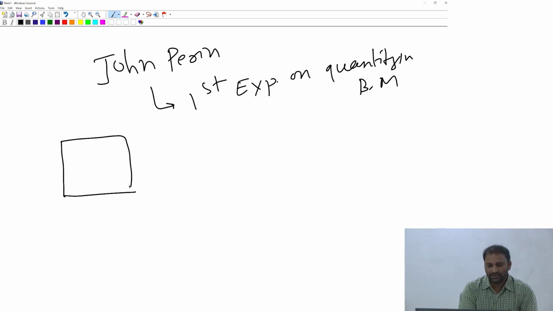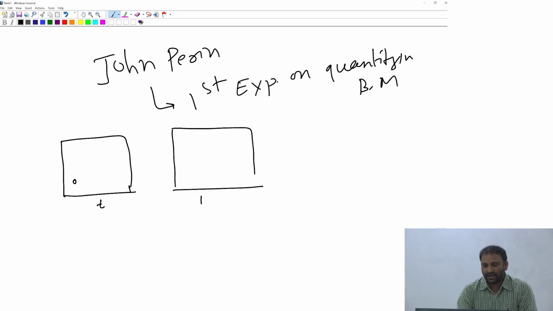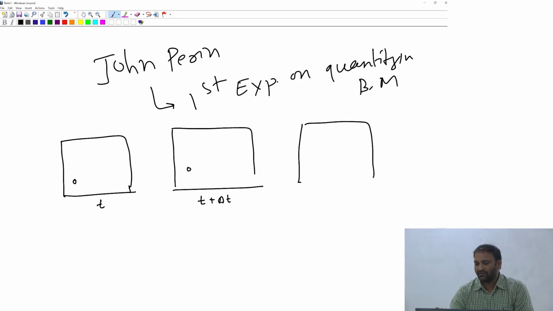So this is a frame of the movie that I've got. I have one particle here, and if this is time t, at some other time, say t plus delta t, I look at where the particle is. Then I look at another frame, say t plus 2 delta t, and look at where the particle is.